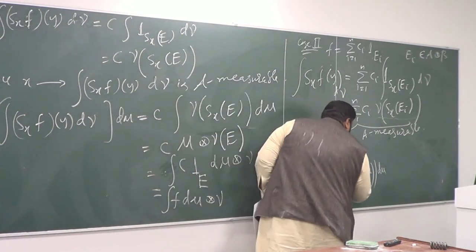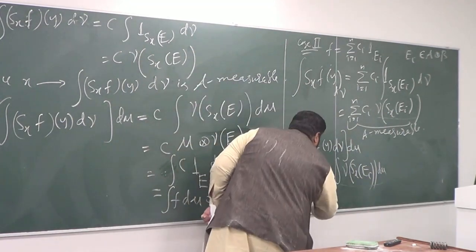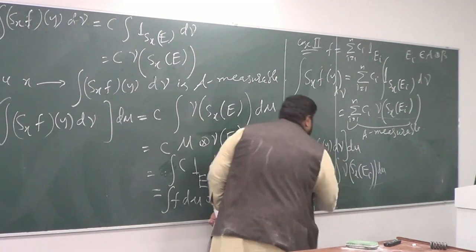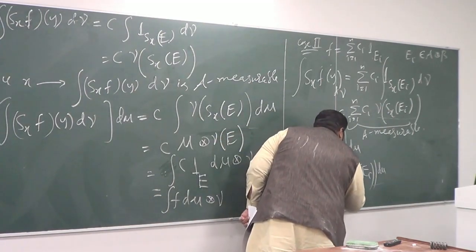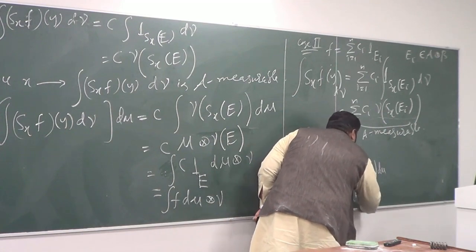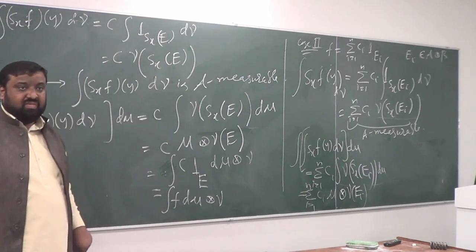And what was this thing? As I said previously, this is the same as sum i equal to 1 to n c_i, the product measure operated on the E_i, by part 2 of the last theorem.